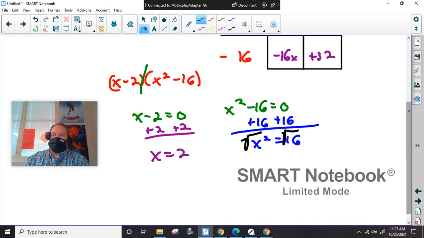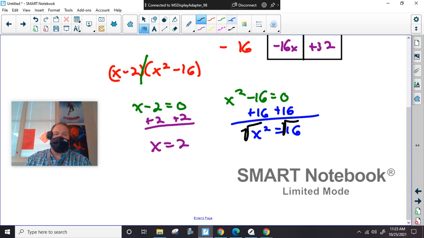So when we take the square root, what is the square root of 16? 4. But what do we need to write in front of the 4? A positive and a negative, because positive 4 times positive 4 is 16, negative 4 times negative 4 is 16.